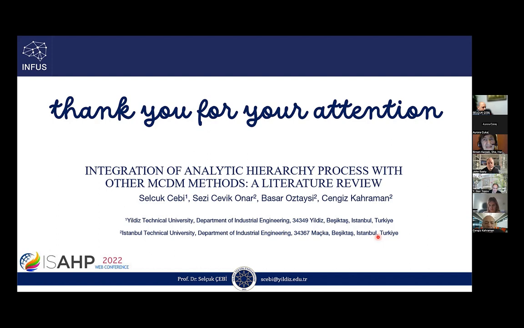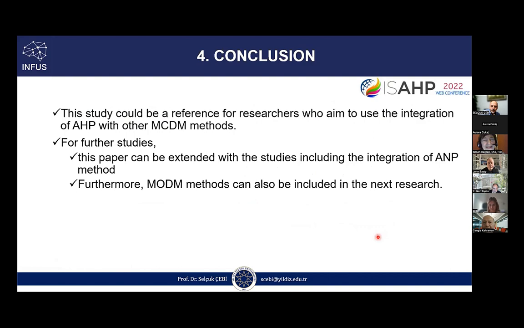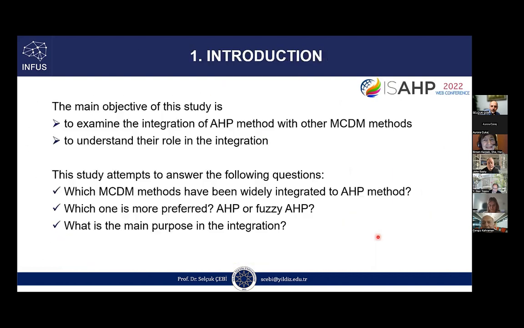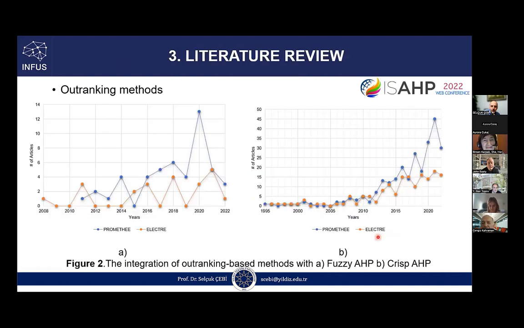Is there fuzzy PROMETHEE or fuzzy ELECTRE? I think there is fuzzy ELECTRE. I remember reviewing an article on fuzzy ELECTRE. Yes. The most used is fuzzy PROMETHEE. Then, yes, fuzzy ELECTRE. And one more, the ORESTE method, is rarely used.